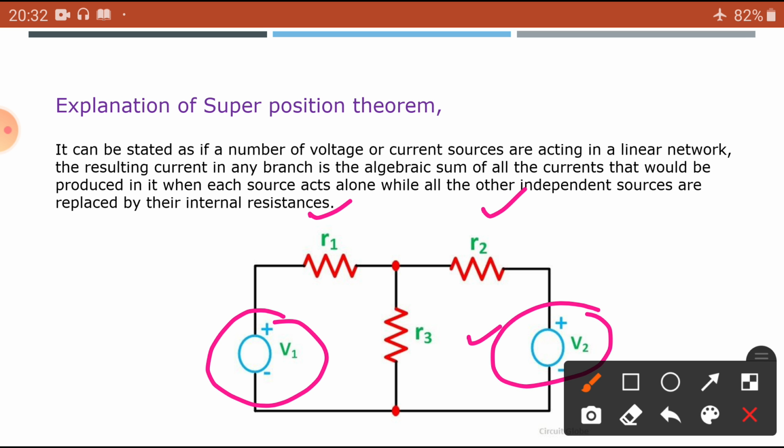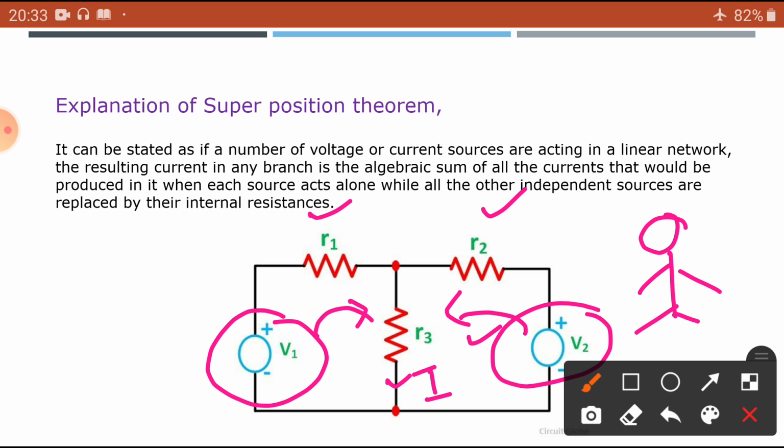Let me know what is the current in this circuit through R3. Here R3 you are going to assume yourself. I want to know the resultant total current through R3 due to the influence of V1 and the influence of V2.